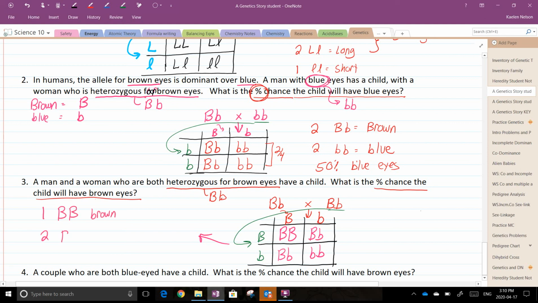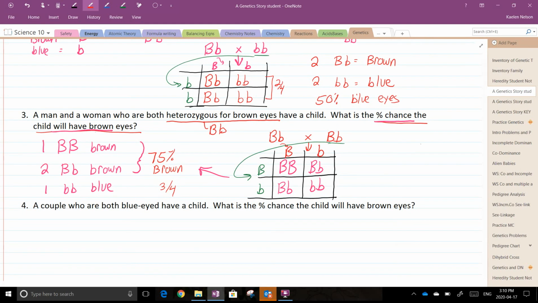I have two big B, little b, which are also brown. And I have one little b, little b, which is blue. My question wanted percent chance of brown eyes, so the answer to this question here is 75% brown. Okay, it is 3 out of 4 of my squares.